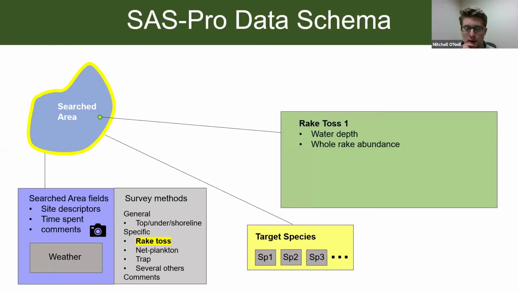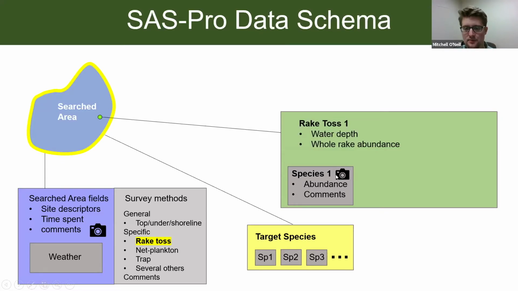you are prompted to draw a point where you conduct a rake toss, and then there are some fields to fill out. And that's where you can record which species were detected in the rake toss. So you answer some questions about the abundance, you can fill out some comments, and very important, there's the opportunity to attach a photo.